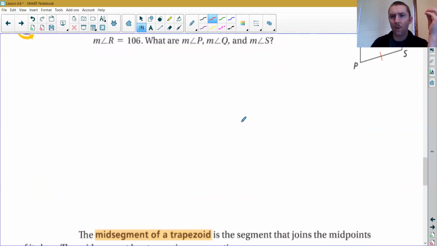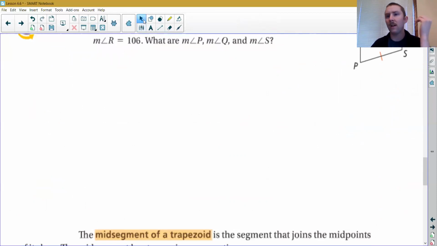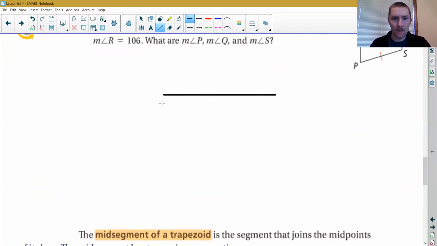Now, the other thing that we're going to have to do with trapezoids today is a property or characteristic, as I mentioned, that applies to all trapezoids. Okay, so now we can expand and broaden our minds to include all trapezoids. So even something that looked like this.